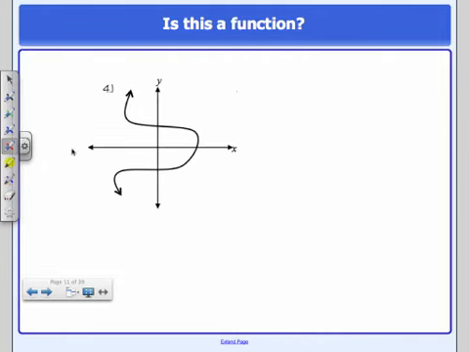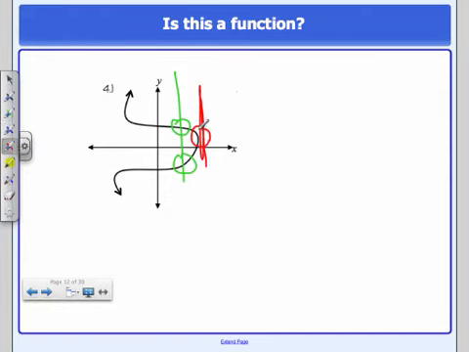All right, so let's take a look at example number 4 on your paper. If I can find one vertical line that passes through my graph and it goes through more than one point, then it is not a function. So for example, this vertical line that I just drew right here passes through 2 points, which means it is not a function, even though this one right here only passes through 1 point.